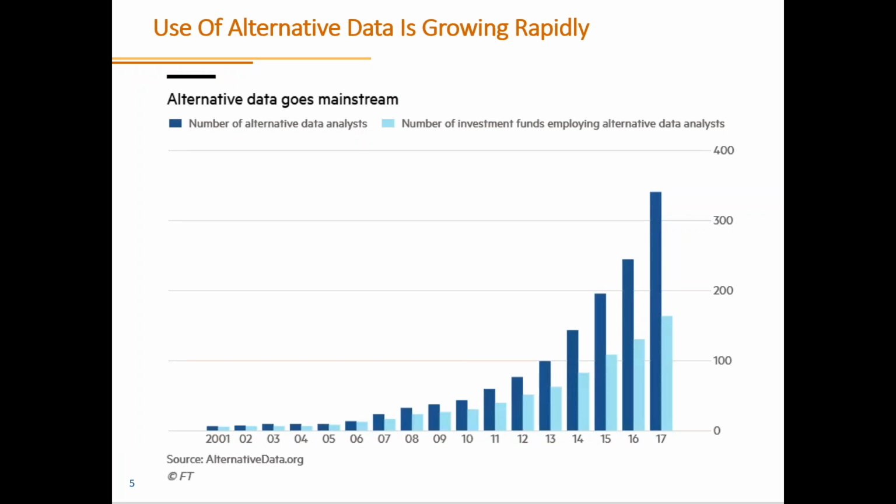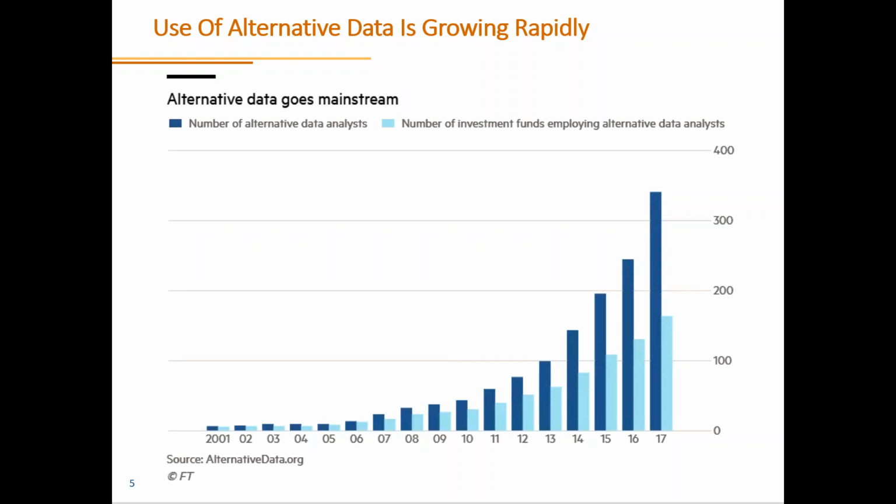How has this disruptive force worked its way into the financial markets? This is a great slide because it shows the growth. It stops in 2017, but the exponential growth has increased. It shows the number of alternative data analysts. An alternative data analyst is someone who will look at data a little differently than, say, price to book, cash flow, or expected earnings as quintiles, and typically has some natural language processing capabilities. Neural nets, machine learning, and artificial intelligence all play into that, and many universities are starting programs in this.